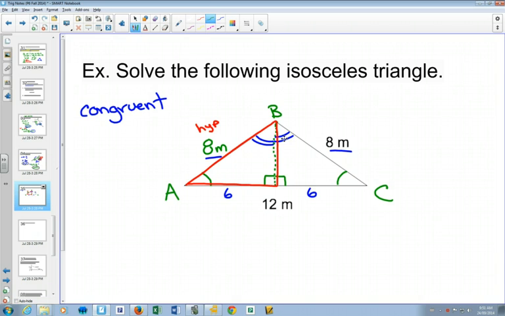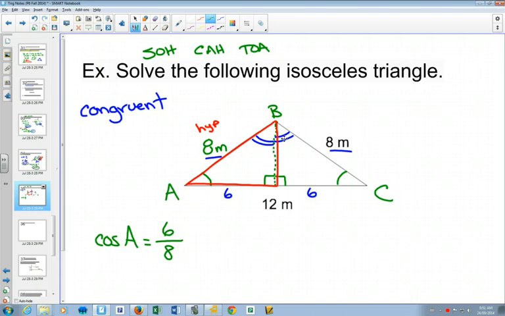So if I have adjacent and hypotenuse, I'll go to my definitions and I'll say, which one, sine, cos, or tan, deals with adjacent and hypotenuse? Cos. So we write out the ratio. We write out the definition that cos of A would be the adjacent side over the hypotenuse. And we have cos of A equals 6 over 8.